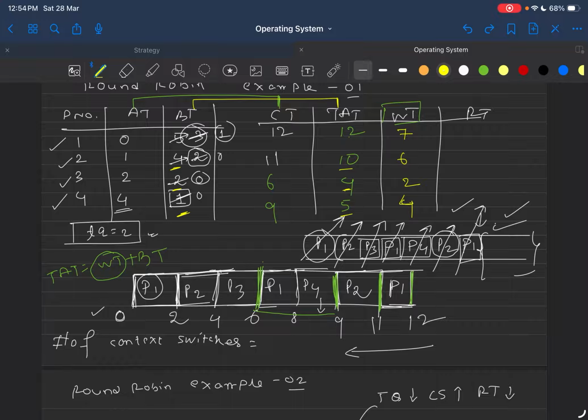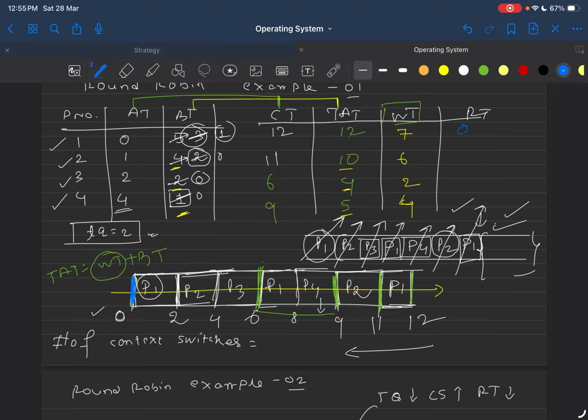Now comes the response time. While calculating the response time, always move from left to right. Response time is the time duration between the arrival of a process and the time at which the process is scheduled for the first time. Process P1 was scheduled at time t equal to 0 and arrived at time t equal to 0, so the difference is 0.